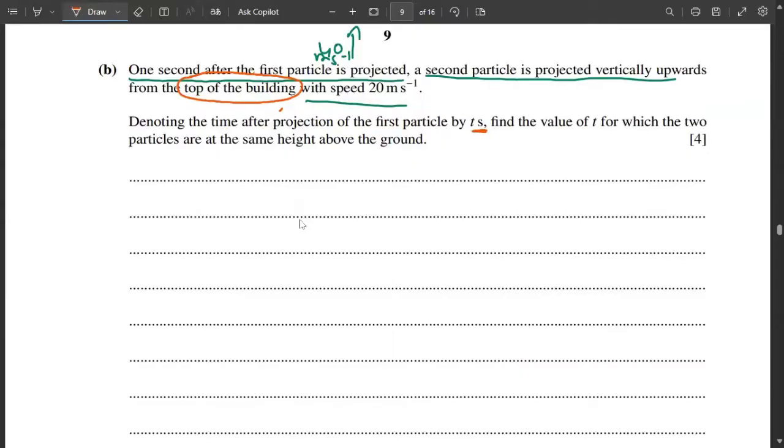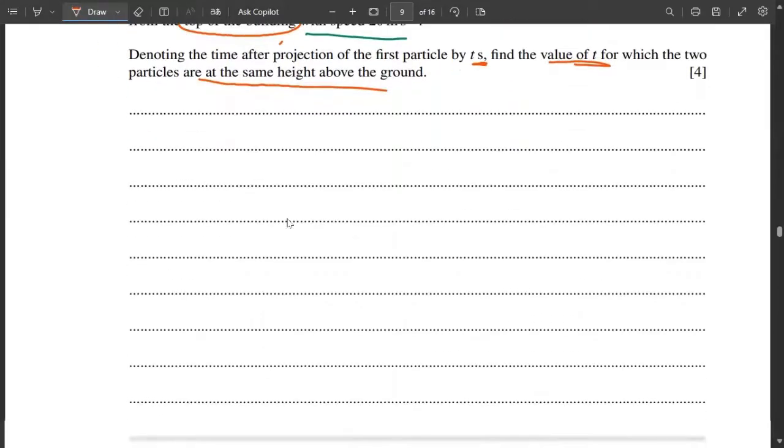That means as soon as the 40 meter per second particle starts moving upwards, we have to start the stopwatch, and that will be considered as the reference time. Find the value of t for which the two particles are at the same height above the ground.